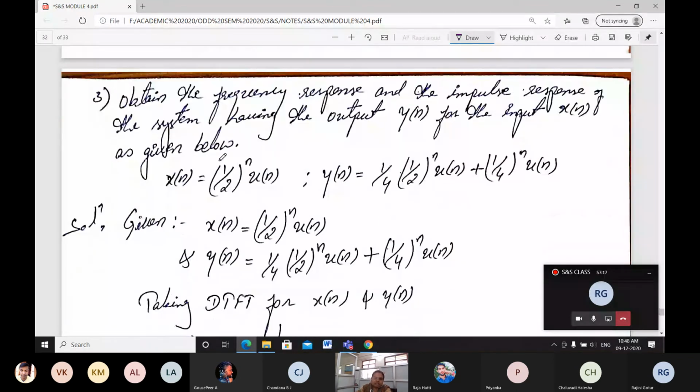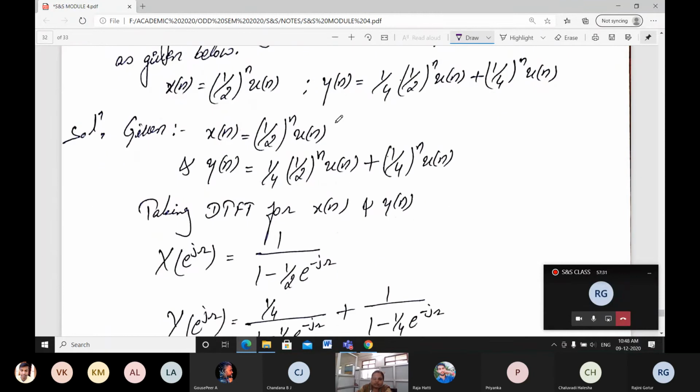Same question: here x of n is given as (1/2)^n u of n, and y of n is given as 1/4 (1/2)^n u of n plus (1/4)^n u of n. With the given equation written, take the DTFT for x of n and also for y of n.